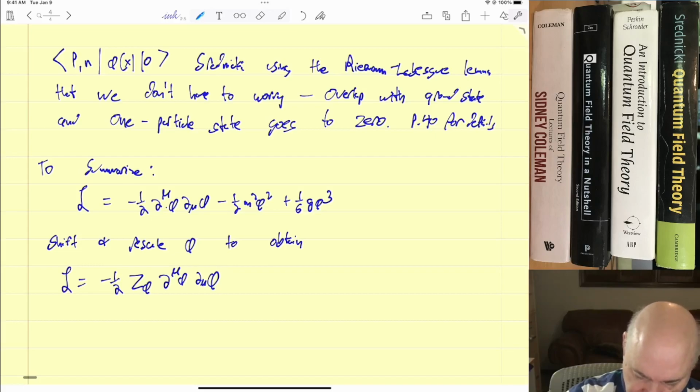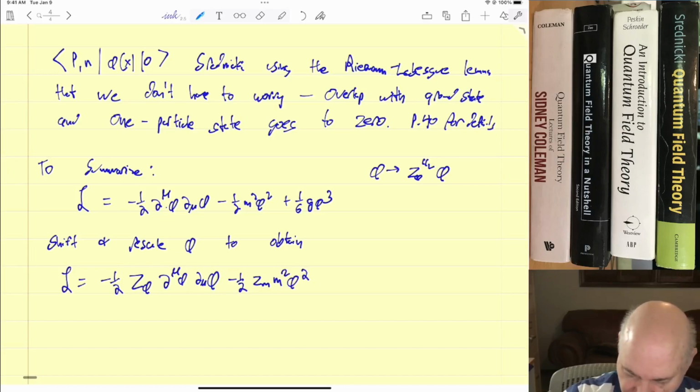So this is just a multiplicative renormalization. It's like phi goes to z phi to the 1/2 phi. That's why we get that term here. And we have minus 1/2 zm m squared phi squared. Now the zm, we're going to get part of it now. Here the shift matters, but it only will contribute to linear and constant terms.